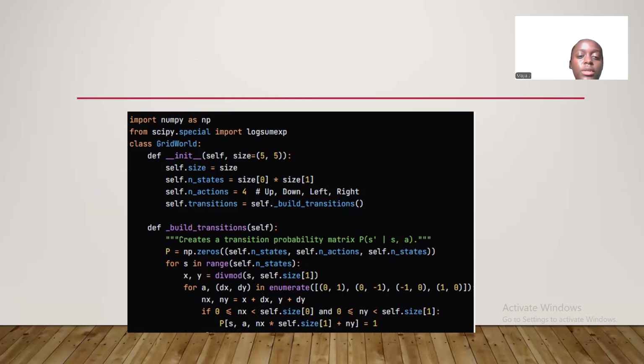It's going to show us two steps that are crucial in implementing these techniques, both feature matching and entropy. One of them is you have to define an environment, the environment where the agent is going to be operating. And the other thing is transitions.